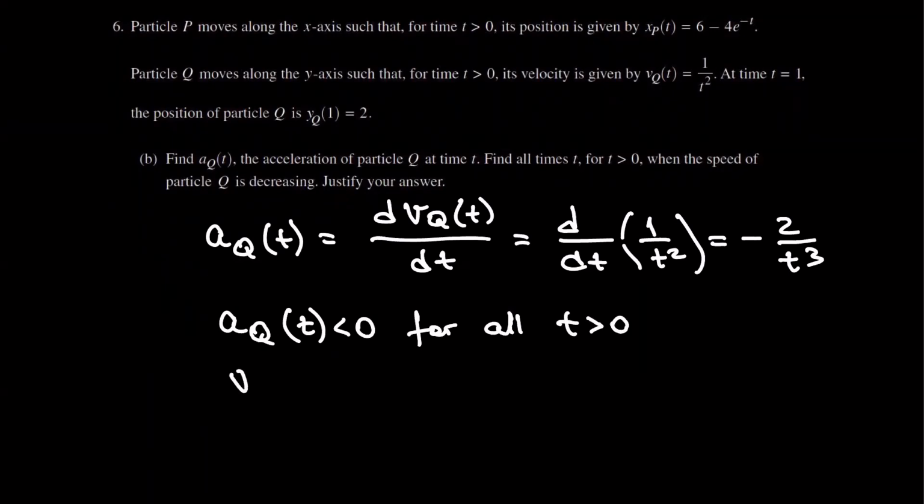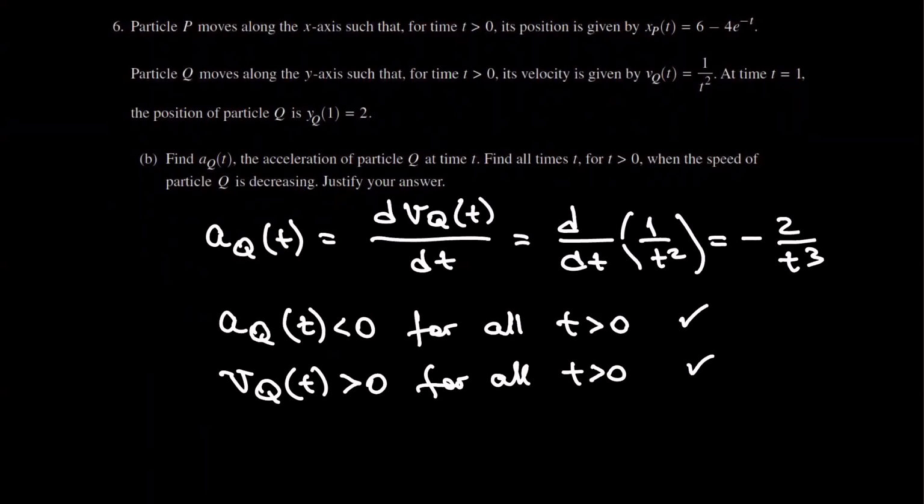Note that v of t is positive for all t greater than 0. When you plug in any t greater than 0 into either of the two functions, you get this result here and this result here.